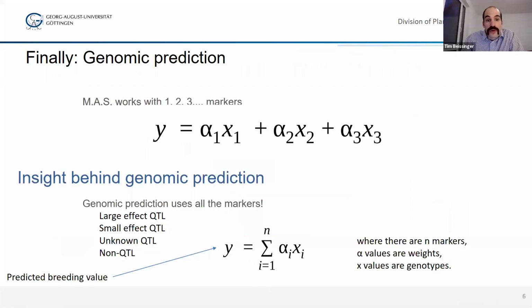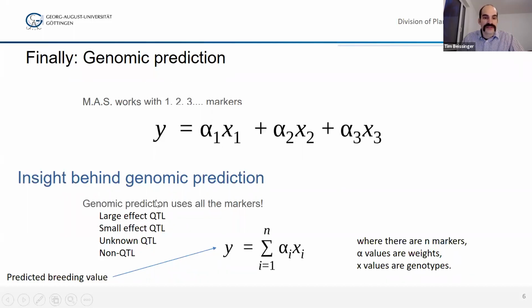Okay, so then more recently, since the dawn of the new millennium, breeders have started doing something called genomic prediction. In this case, we've taken advantage of the fact that we can do marker-assisted selection with 1 marker, 2 markers, 3 markers or so, and we've realized we can just do prediction using every single marker in the genome, whether or not it's associated with a trait.